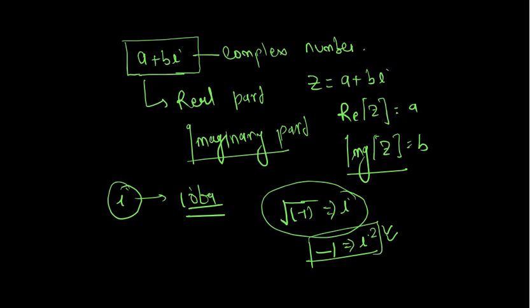So if somebody asks what is the square root of -4, then you should not say we cannot calculate. No, you can calculate. It is the square root of -i square into 2 square. So you can take it out as plus 2i, because iota square is nothing but -1. So in place of -1 you can write i square. Like that we can represent the complex number.